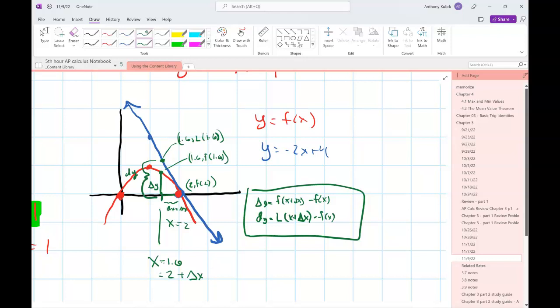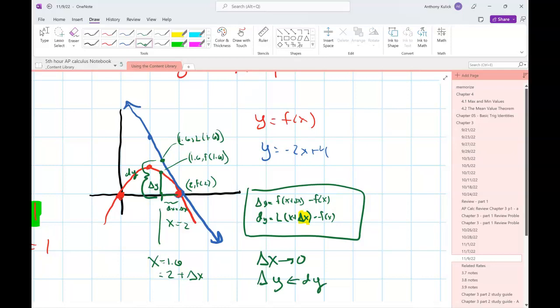And what we should observe here is that as that delta x goes to 0, delta y is going to equal dy, right? As you're getting closer and closer to that point that we're building that approximation from, the better our approximation should get, right?